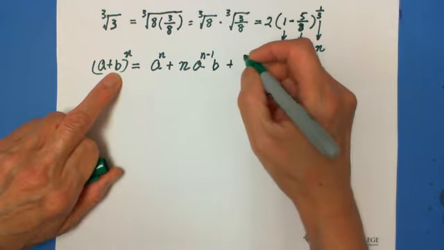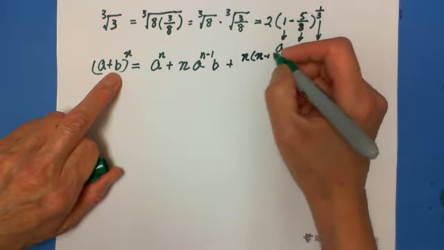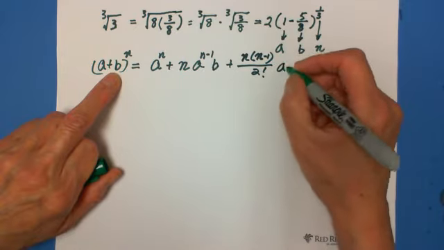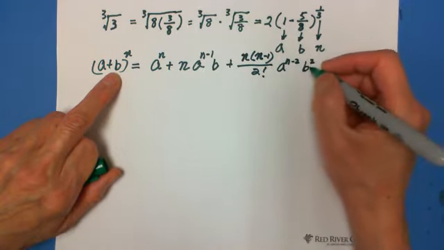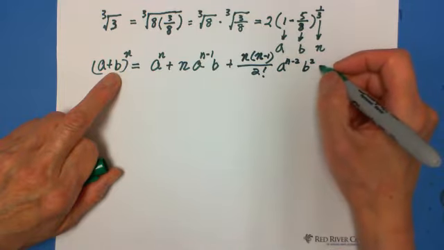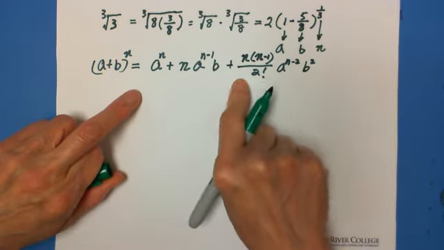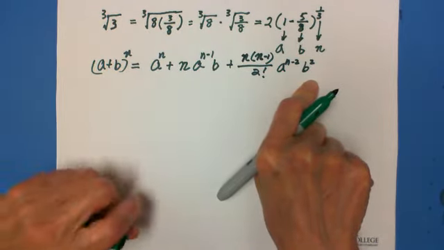Then plus n times n minus 1 over 2 factorial, a to the n minus 2, b squared. We use the first 3 terms of the binomial series expansion to make an approximate value of the cube root of 3.